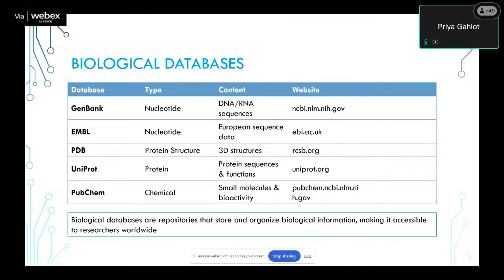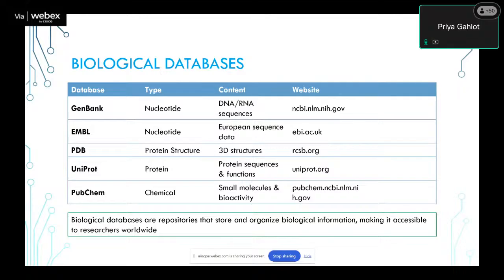There is EMBL, there is PDB for protein structures, and there is UniProt for proteins. For any protein you can search its sequences and its functions. There is a whole list of data available to us at UniProt. There is PubChem for chemical structures and chemical data sets for any chemical compound. So, what are biological databases?